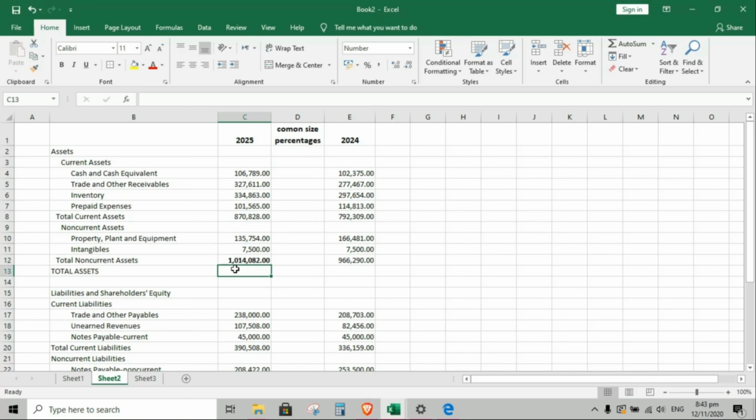Ay, teka, hindi ko siya nagsulat. Wait ha, i-input ko lang. So, dapat total assets. Yun na. Okay, so our property plus tangibles or total non-current assets.